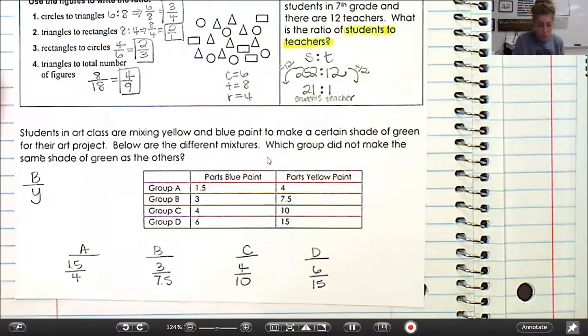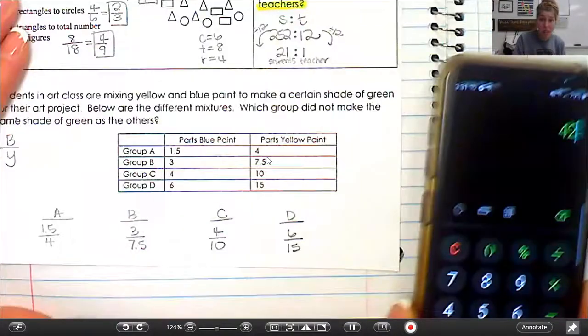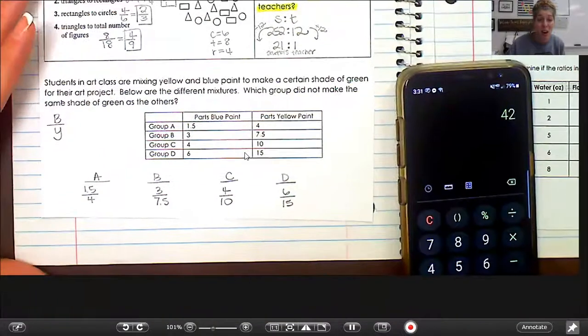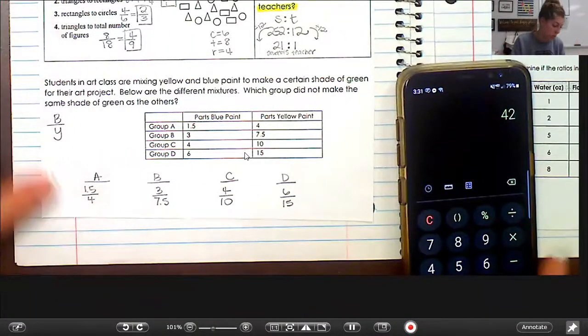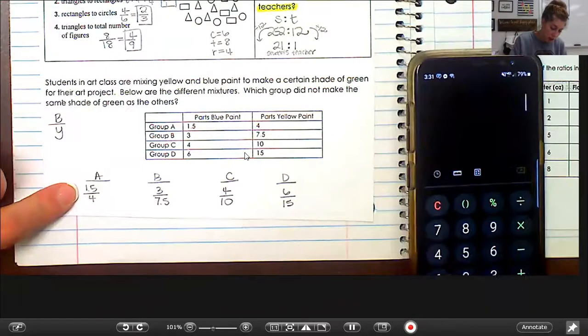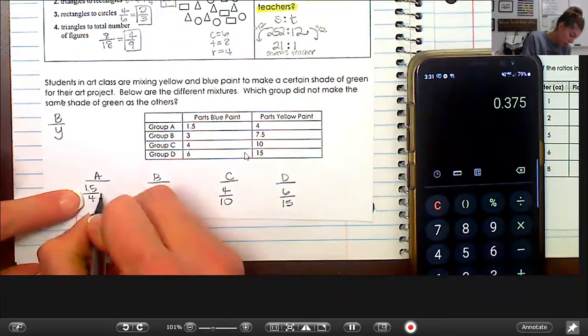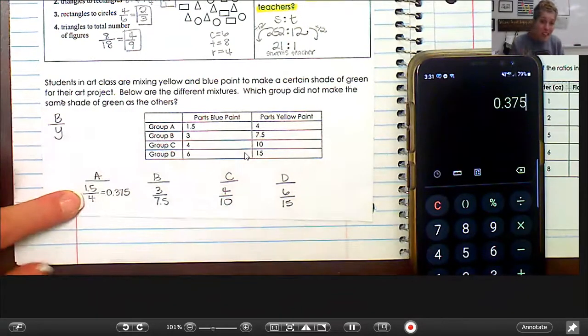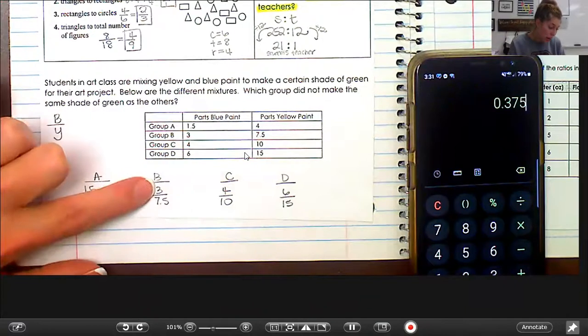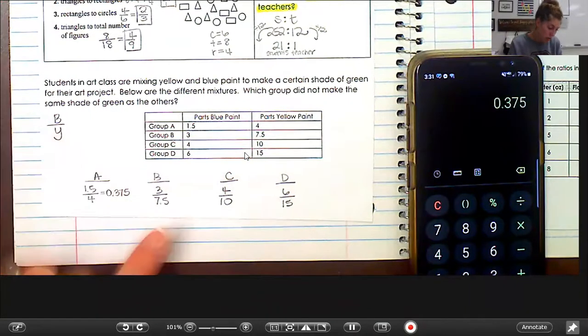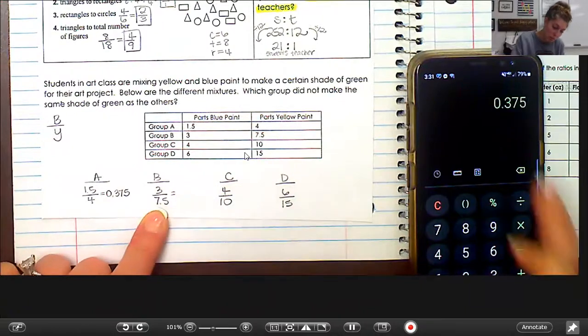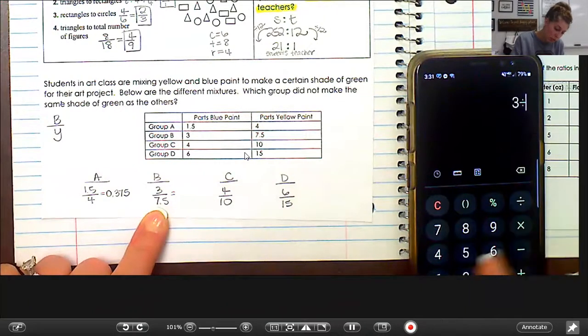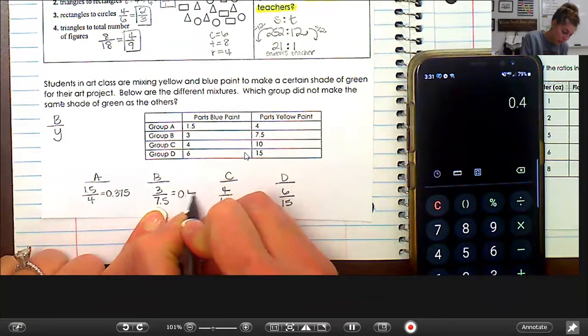Group D, blue over yellow. So now we're going to divide all those and see which one is not equal, okay? 1.5 divided by 4 is 0.375. If it's the same, when I divide blue by yellow, I should get that same number. But I didn't.